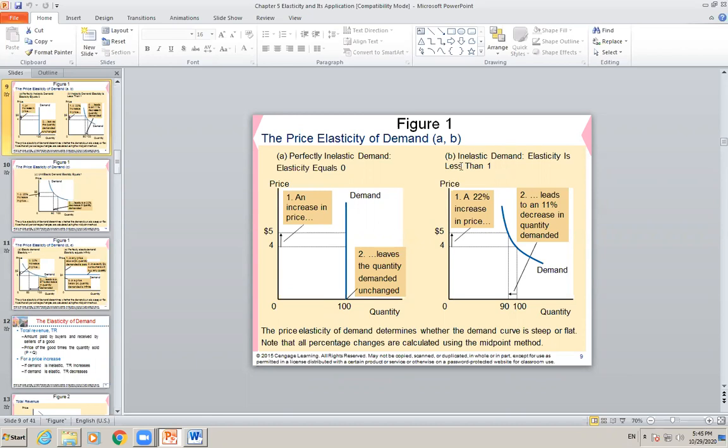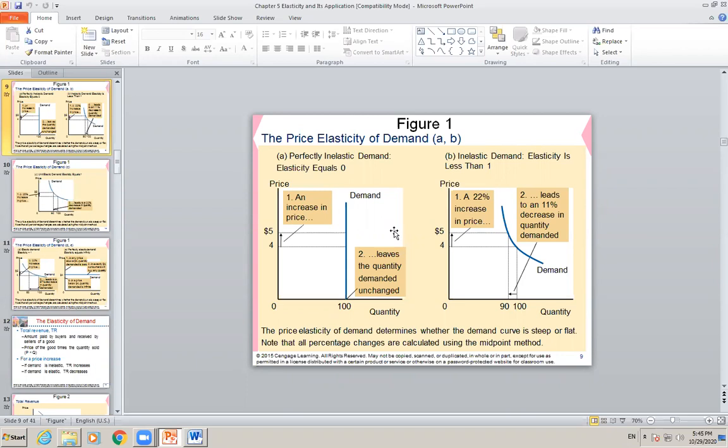In part B, we can see that inelastic demand is elasticity less than 1. Here, it's steeper. A 22% change in price will bring only an 11% change in quantity. And 11 divided by 22, you will get the price elasticity of demand.